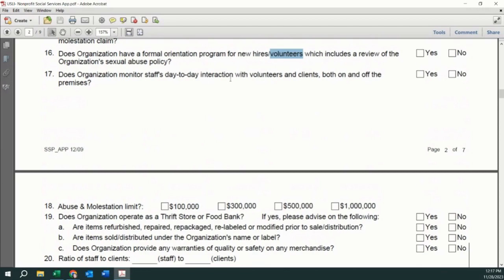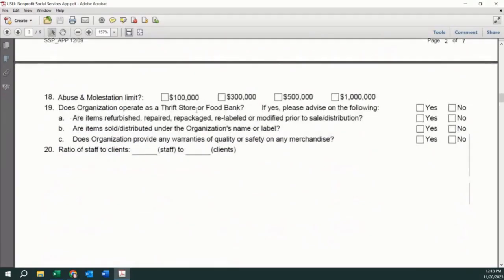So do you even have staff, is the first question, or is it just you? And are you interacting with the volunteers and clients? And are you doing that on email or text? In which case, you can probably pull that information pretty easily off of your phone and email. Now, abuse and molestation limits. This is if somebody claims, or in fact it does happen, you may want to decide on having some type of coverage.